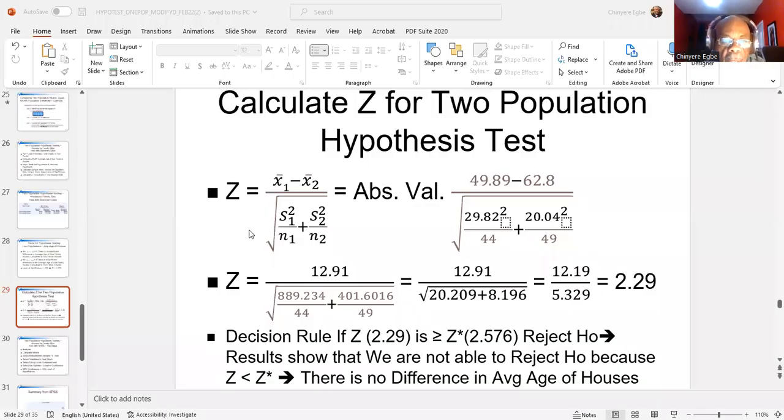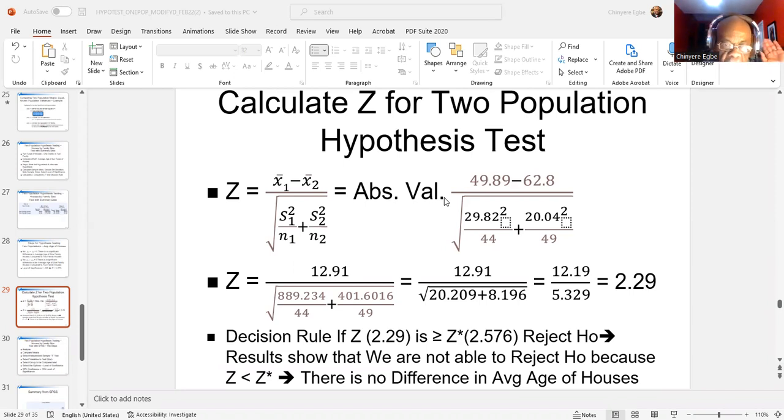Okay. So we're going to take x bar 1 minus x bar 2. So we subtract the two sample means, and we divide by the formula that you see here: S1 squared over N1 plus S2 squared over N2. And we take the absolute value.